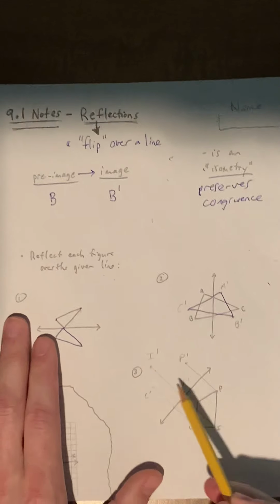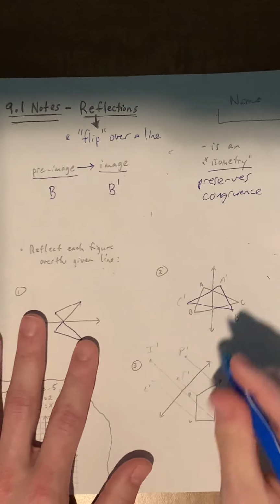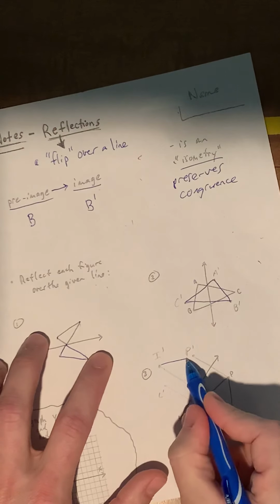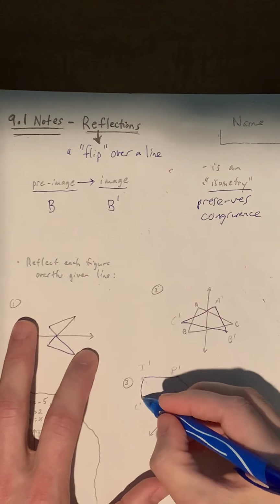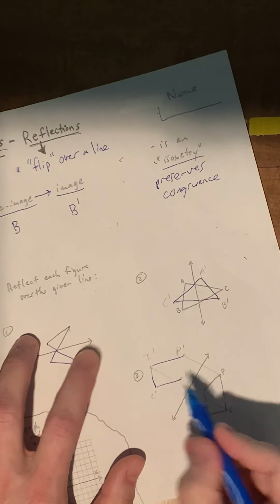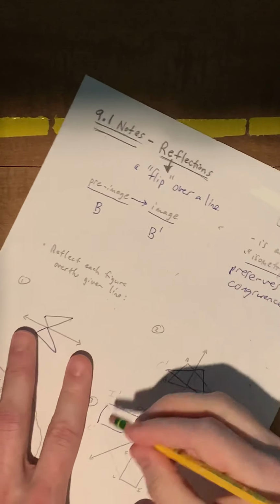All right, once you have your 4 vertices in the image, your prime points, you can go ahead and connect them. And actually looks like kind of a 3-dimensional figure.